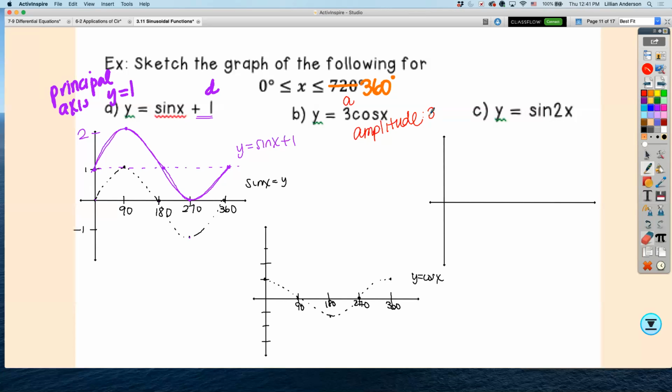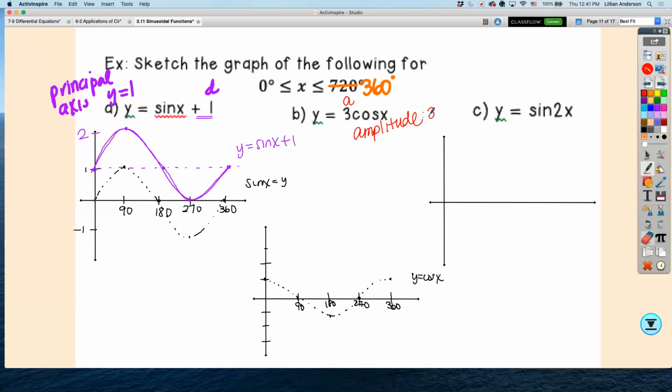So in transformation terminology, this is a vertical stretch of the graph, which means that the maximum and the minimum are not going to occur at +1 and -1. They're going to be stretched by a factor of 3.